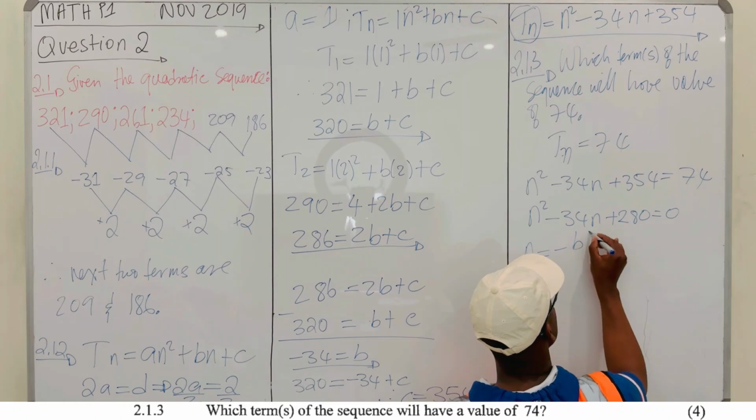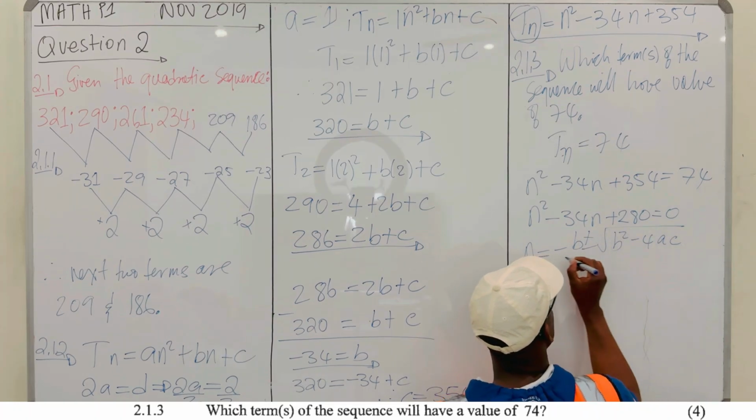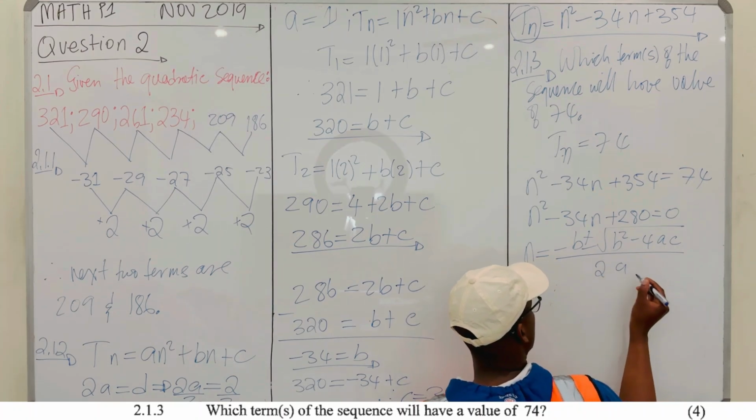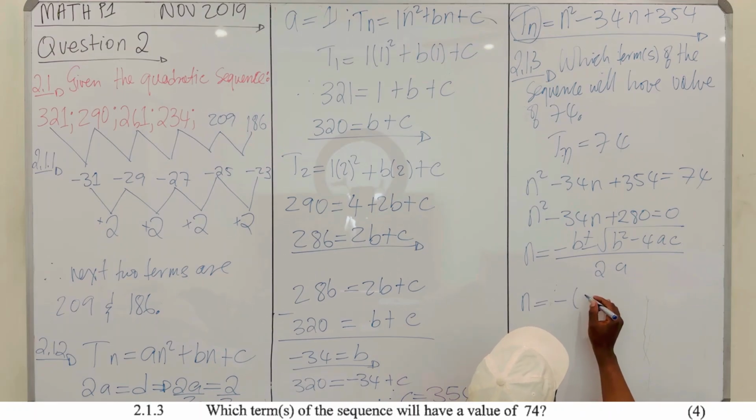n is equal to negative b plus or minus the square root of b squared minus 4ac, all over 2a. So let's substitute now. n is equal to negative b, what is your b?